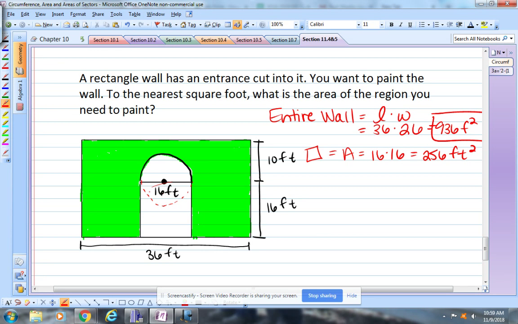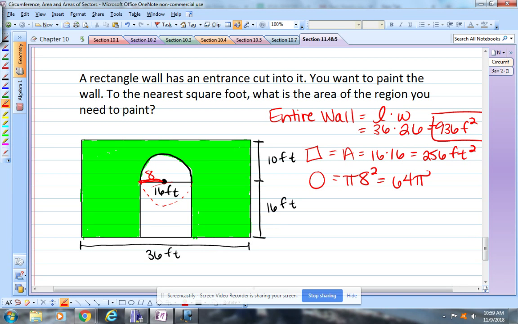Well, that 16 feet across is the what of that circle? Diameter. What do you need for area? The radius. If the whole diameter is 16 feet, the radius is how many feet? 8, half of it, right? So for the circle, you're going to say pi times 8 squared, which would be 64 times pi.